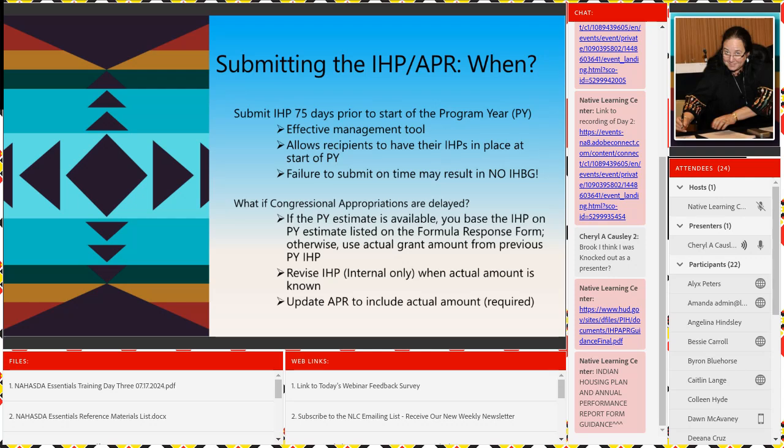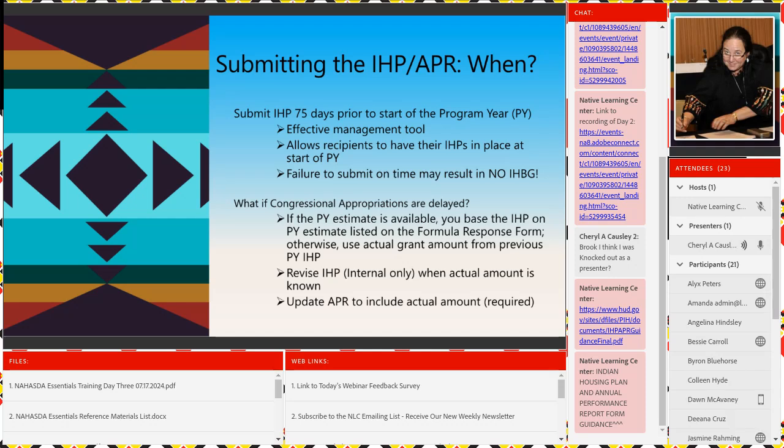What if the congressional appropriations are delayed? And that happens a lot. I mean, there was one time it was months and months and months. So if the program year estimate is available, you base the IHP on that, what's listed on that formula response form. That formula response form used to get mailed to you. Now you have to get online for it.